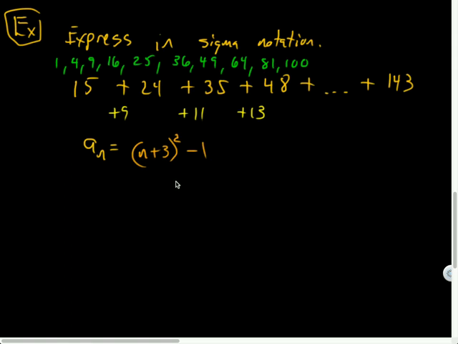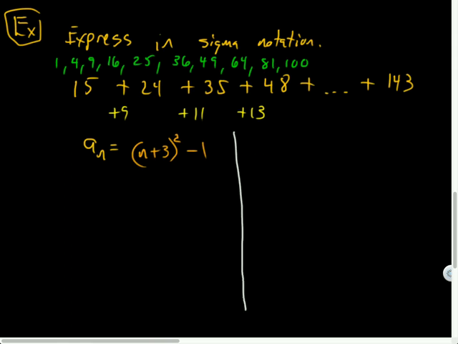Now it turns out, like I said earlier, we don't technically have to start with n equals 1. I could start with n equals 3 or 4 or 5, if that's helpful. But let's use this first, and then we'll write this a second way. So we'll do this 2 separate ways here.